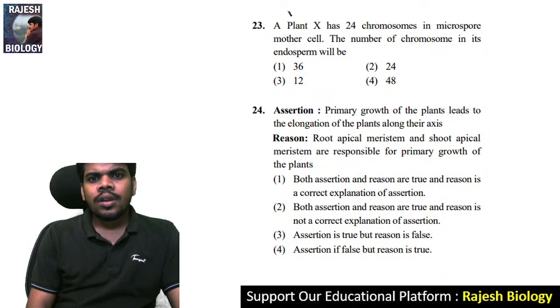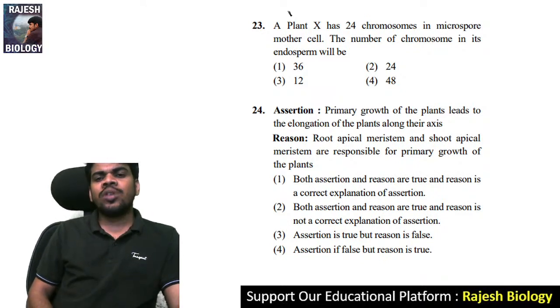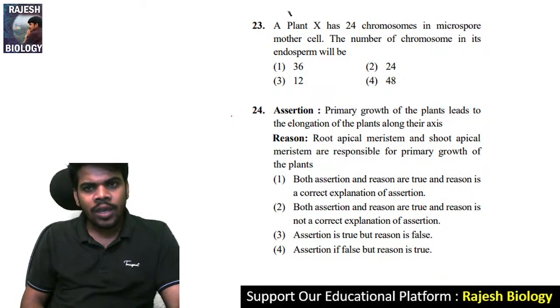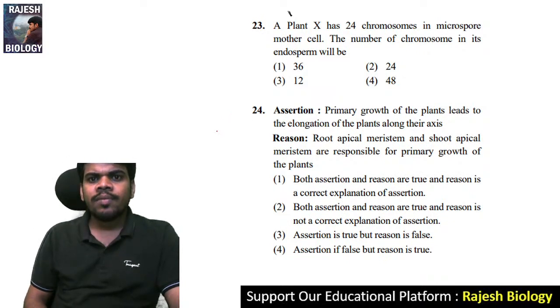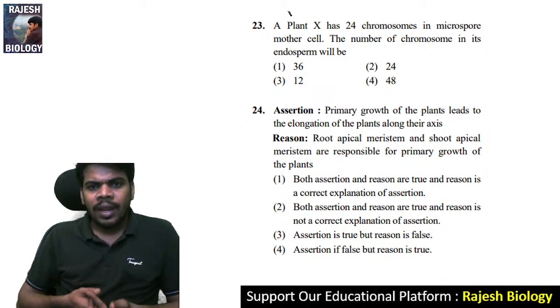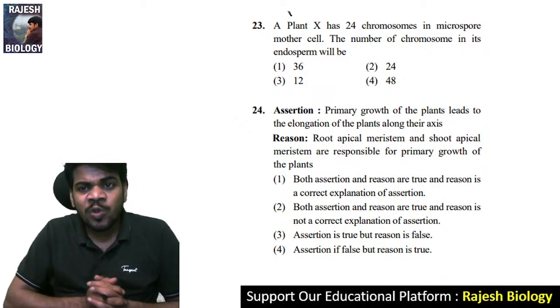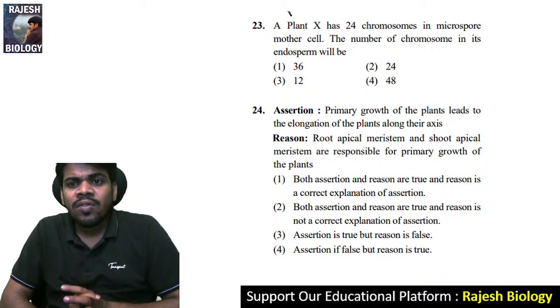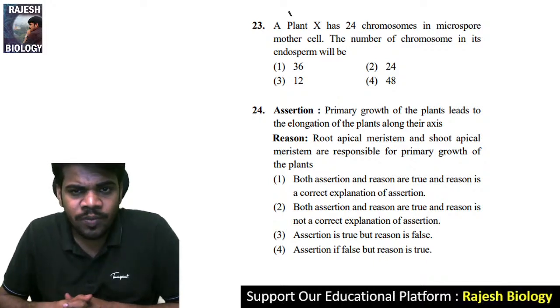23rd question. A plant X has 24 chromosomes in microspore mother cell. The number of chromosomes in its endosperm will be?